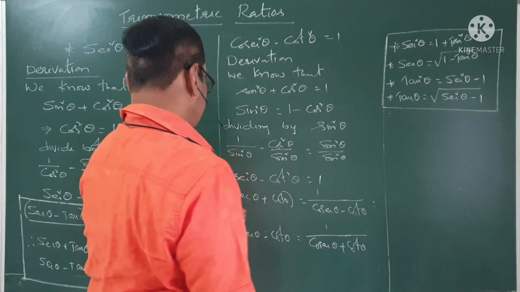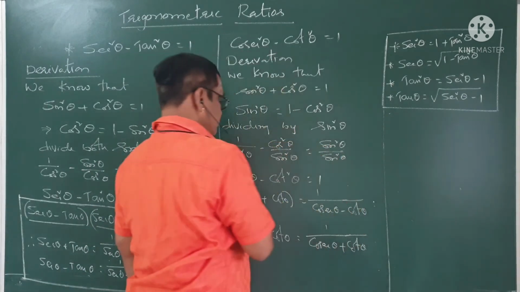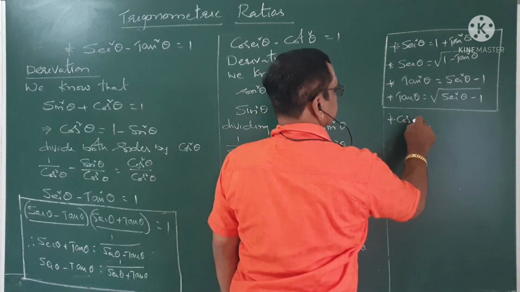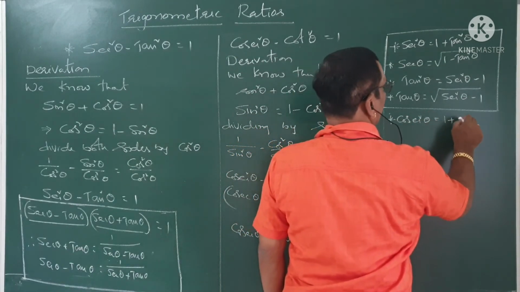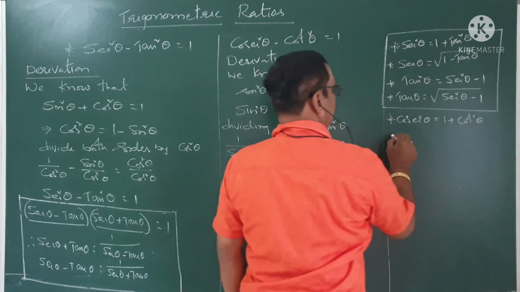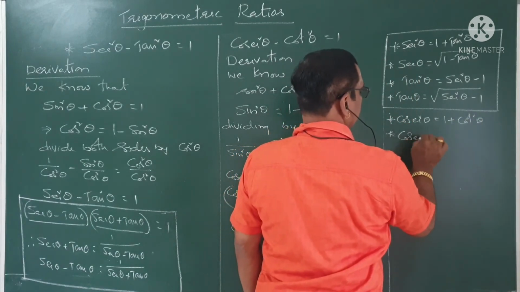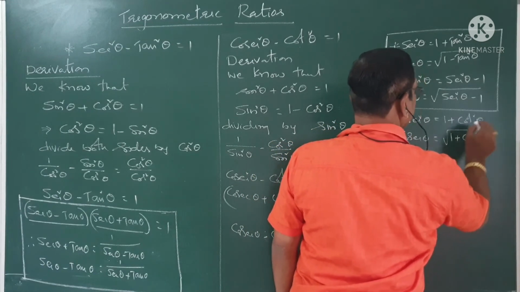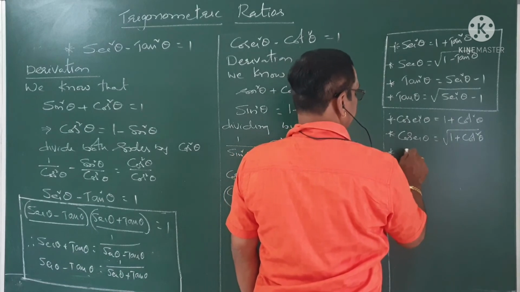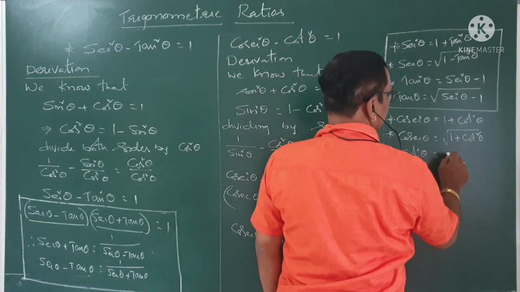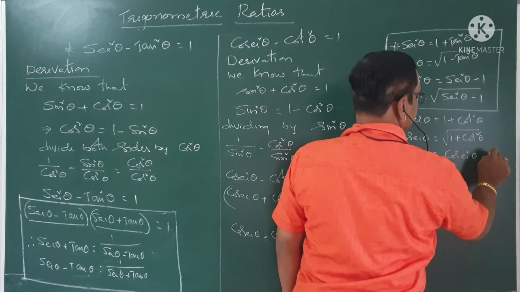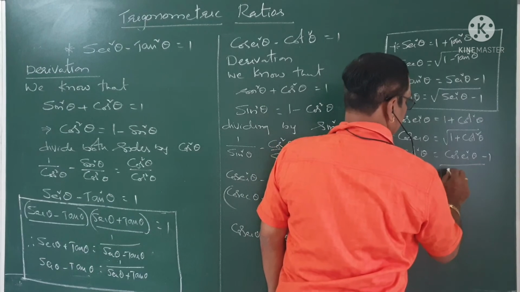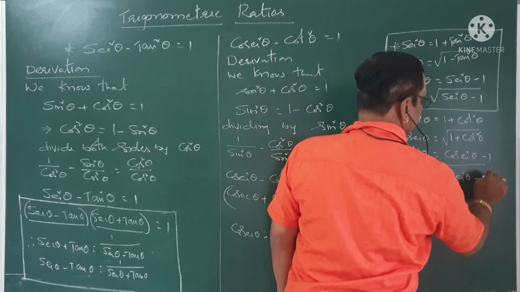Now come to the second one: cosecant square theta minus cot square theta equal to 1. So I can write cosecant square theta is equal to 1 plus cot square theta, or cosecant theta is equal to the square root of 1 plus cot square theta, or I can write cot square theta equal to cosecant square theta minus 1, or cot theta is equal to the square root of cosecant square theta minus 1.